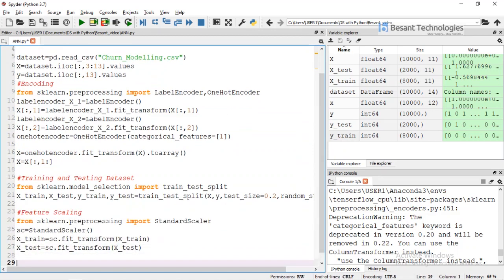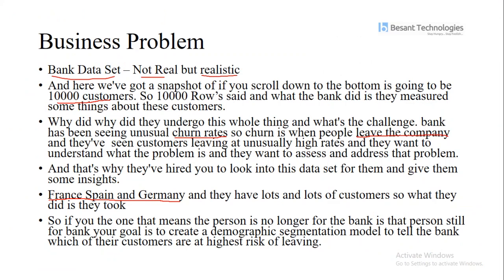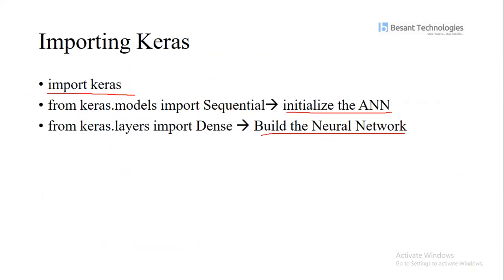So great. Now this is the way. Now we need to start to implement our Keras package, and we need to run this on the TensorFlow backend. So this is the bank data problem which we are going to deal with now.